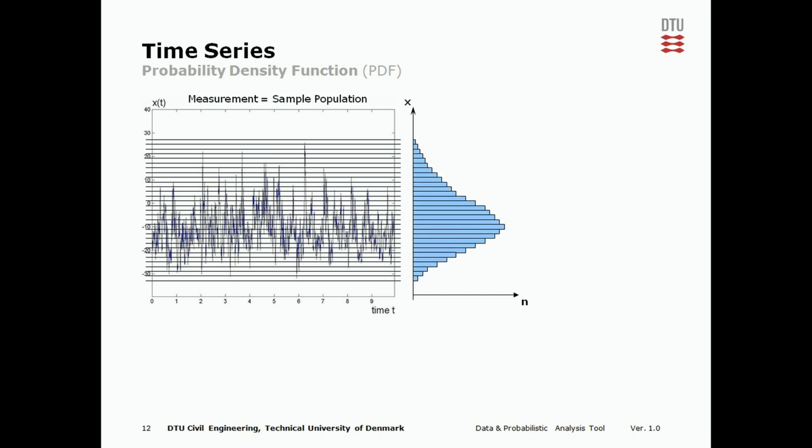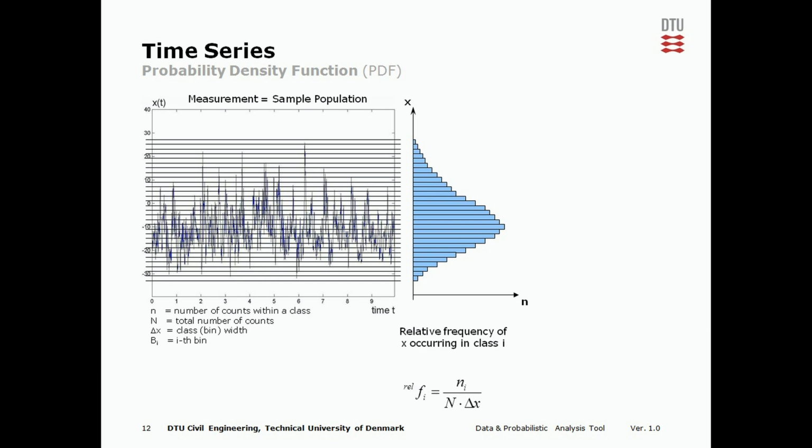If we do that, we get an image of in which way these data points are arranged over the entire data range, which means between the maximum and minimum value we have obtained within the observation time.